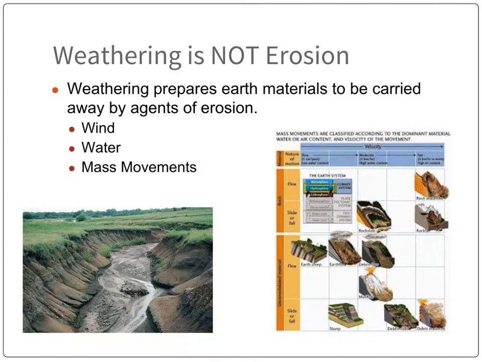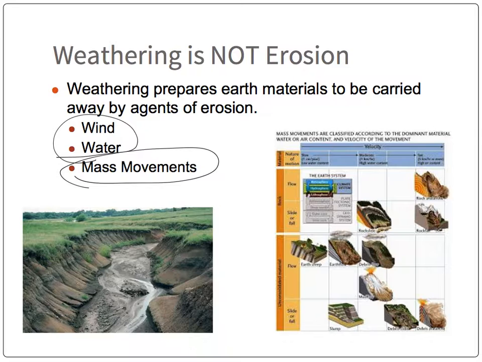Okay. Wind and water erosion. We'll talk in more detail in the last third of the course about these processes. Mass movements like landslides and creep and other kinds of processes can really move a lot of materials around the landscape. Okay.